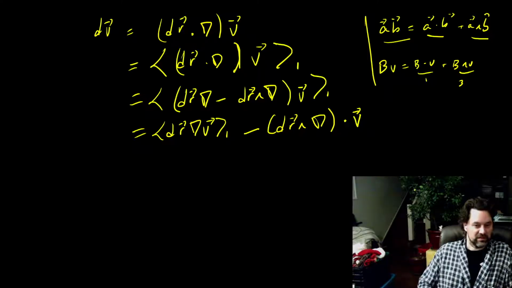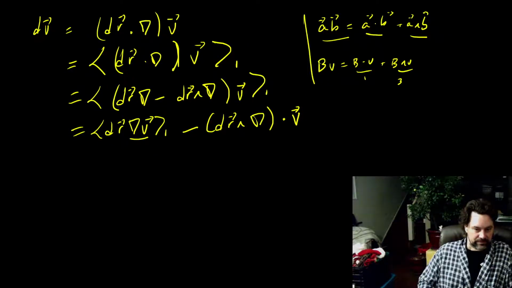All right. And now we can expand this grad v term using our a b is a dot b plus a wedge b, and what do we get? We have dr times grad dot v plus grad wedge v.